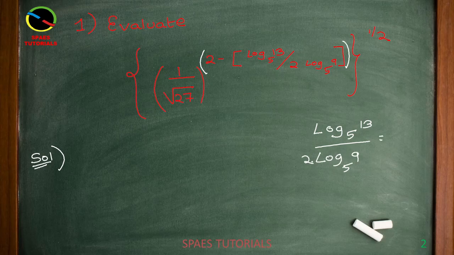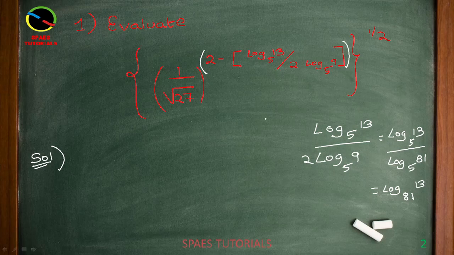Let's first solve log 13 base 5 divided by 2 log 9 base 5. This 2 we can take as a power for the 9, so it becomes log 13 base 5 divided by log 81 base 5. That becomes log 13 base 81. Till now it is very much clear.